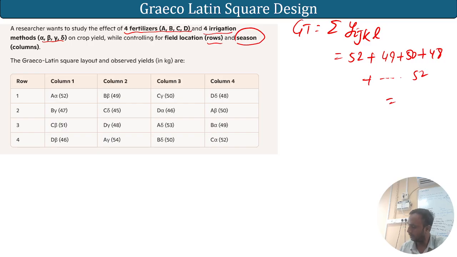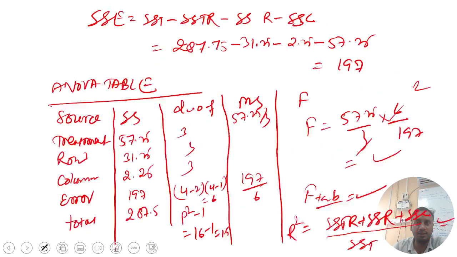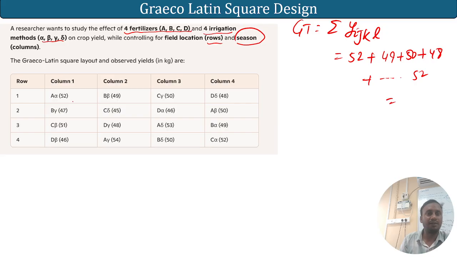The values are similar; we just introduced the Greek letter. The grand total came to 790 and 16.